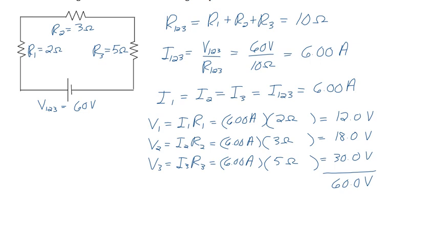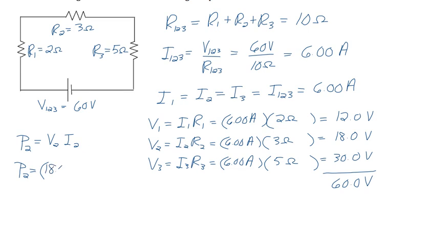Now, the only other question that I could ask you is I could have asked you maybe a power dissipated in one of these resistors. So let's say I wanted to know the power that's dissipated in the 3 ohm resistor. Well, that would be P2 equals V2 times I2. So that would be V2 is 18 volts.